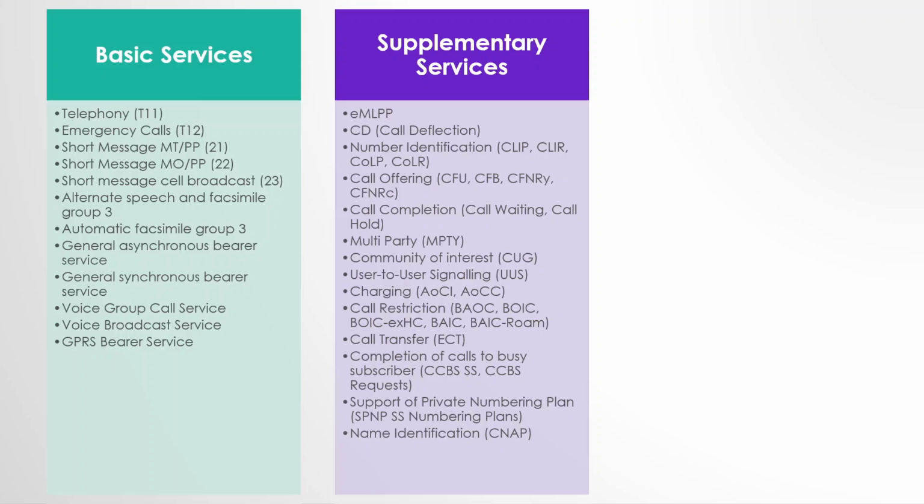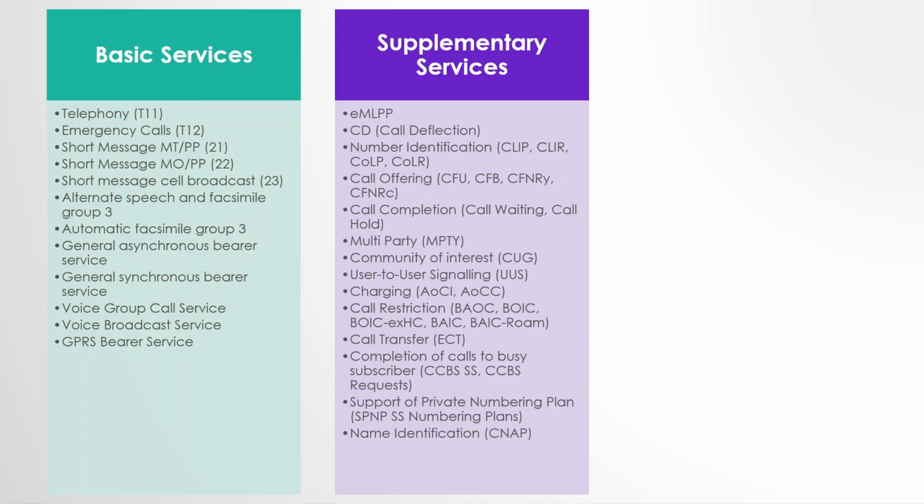Mobile subscribers can select a set of one or more barring programs, which may include barring of all outgoing calls, barring of outgoing international calls, barring of outgoing international calls except those directed to the home country networks, barring of all incoming calls, barring of all incoming calls when roaming outside home country.